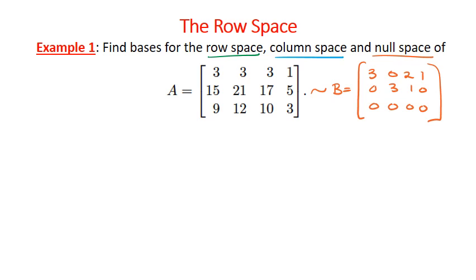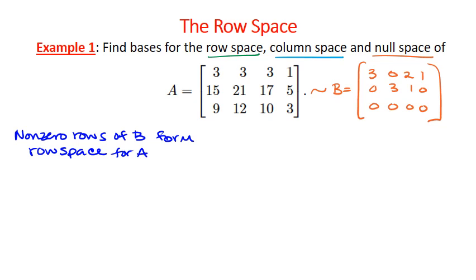Theorem 13, the theorem we just saw on the previous slide, said that the non-zero rows of B form a basis for the row space of A. So if I look in this matrix, this is a non-zero row and this is a non-zero row.